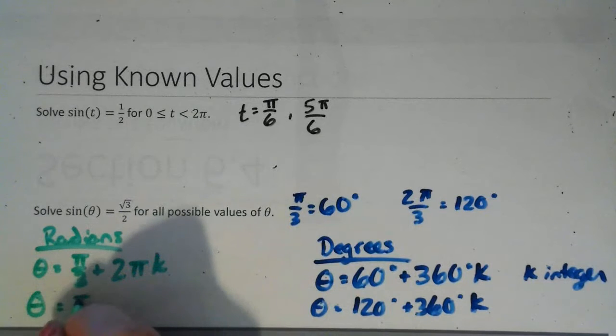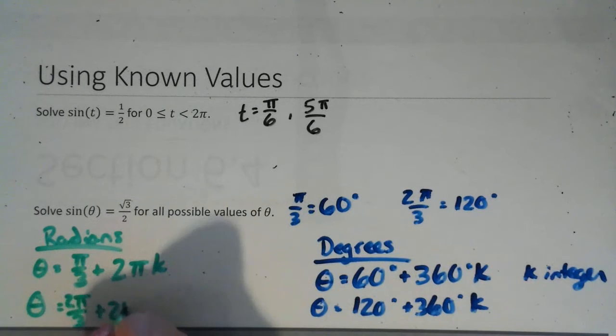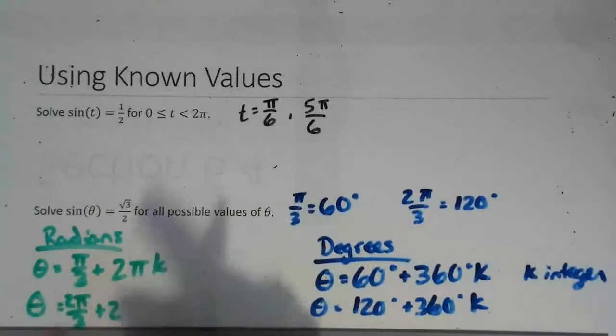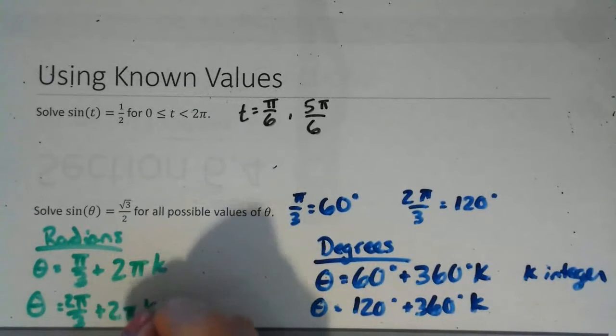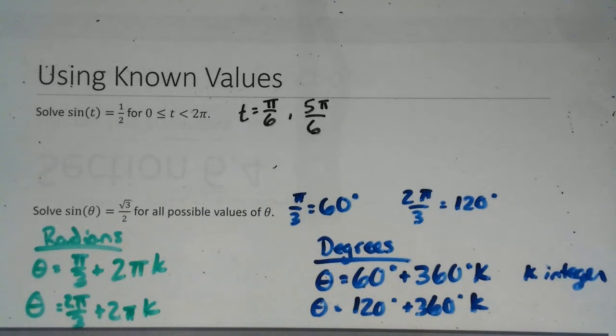Or theta could be 2 pi over 3 plus 2 pi k, again where k is any integer. So once you find the angles between 0 and 360 or 0 and 2 pi that work, add 360 degrees k or 2 pi k, depending on if you're in degrees or radians, and that'll get all of your possible solutions.